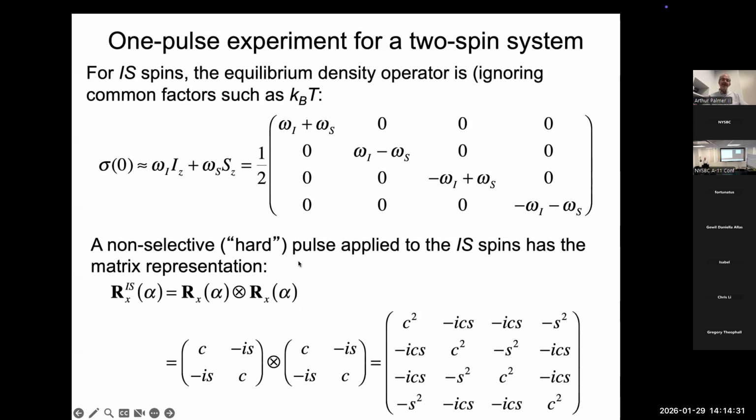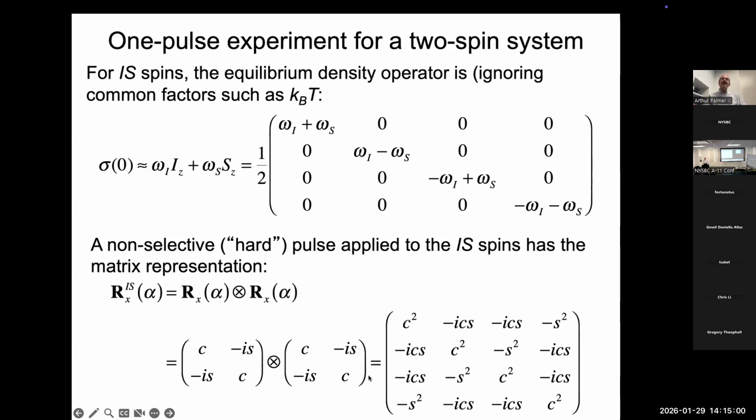And then if we want to do the actual math of the rotations, I could say for the two spin system, an X rotation, if it's non-selective, is the rotation by an angle alpha on the I spin, direct product with rotation by an angle alpha on the S spin. And again, I get a 4x4 matrix.